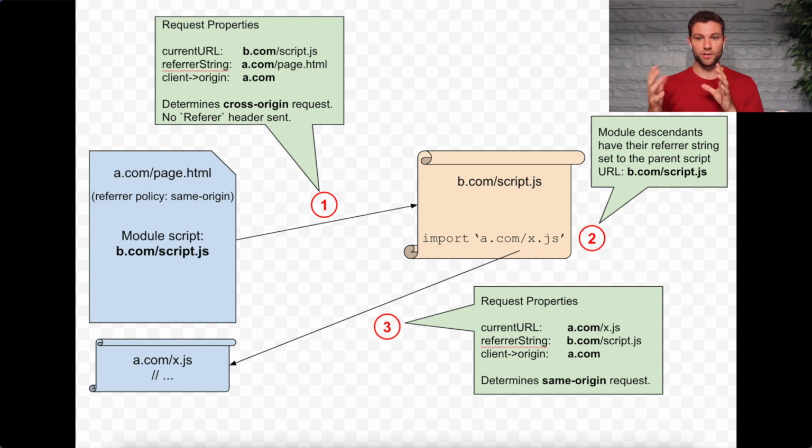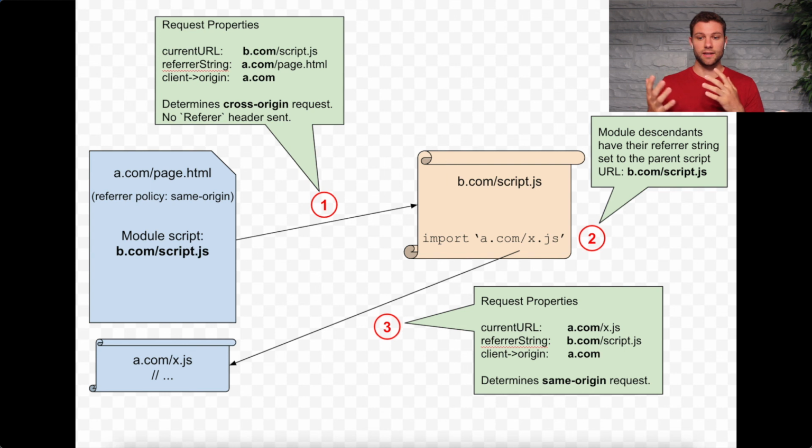This module script is not a fully fledged client. And so if we were to do a traditional same origin comparison, we would determine that this request is actually a same origin request, and we would not redact the refer string. But we ultimately decided that it made a lot more sense for the origin that's having its information potentially exposed or redacted to be the origin that we perform the comparison against.